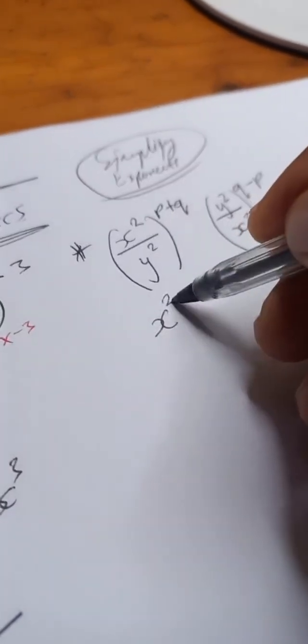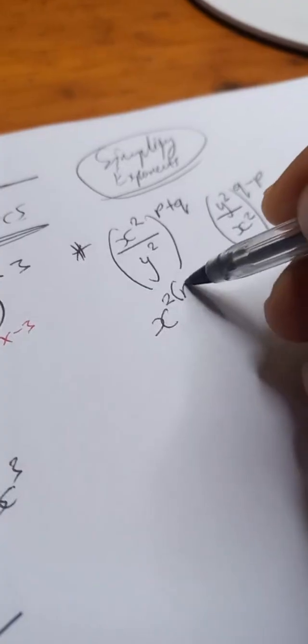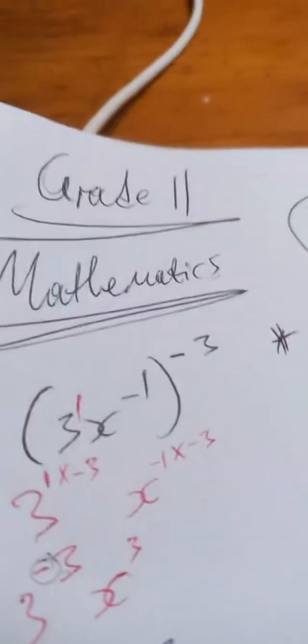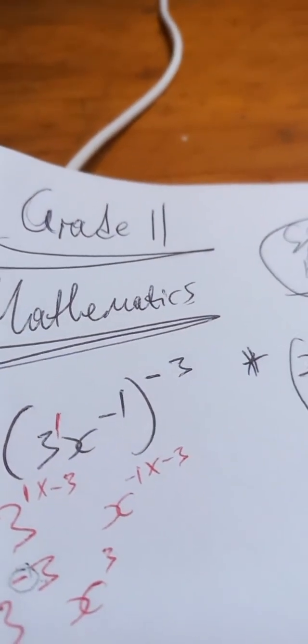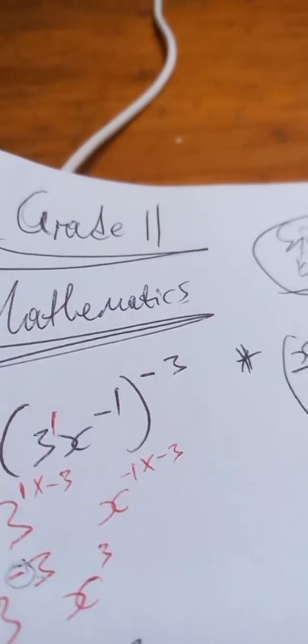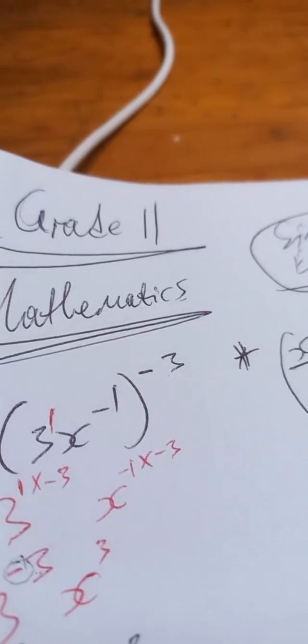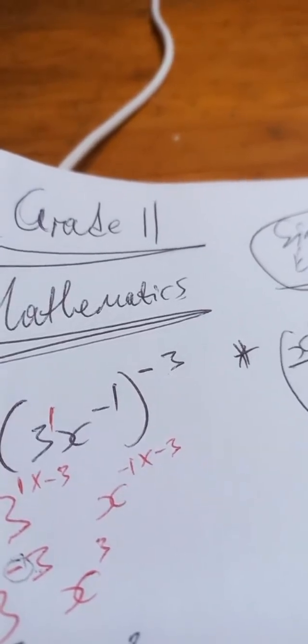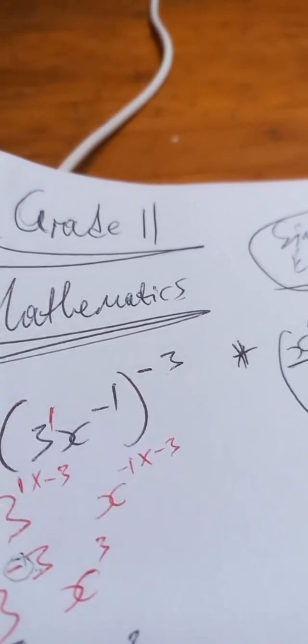This is also affecting these two exponents inside. So here it's going to be x to the power 2, open bracket, P plus Q. Remember, these are multiplying, right? This is grade 11. We are dealing with exponents with fractions. Grade 11.